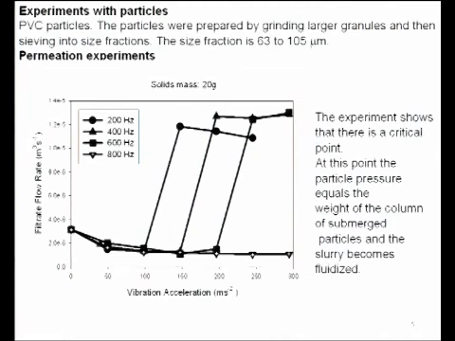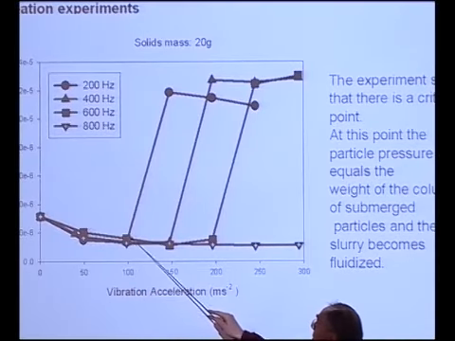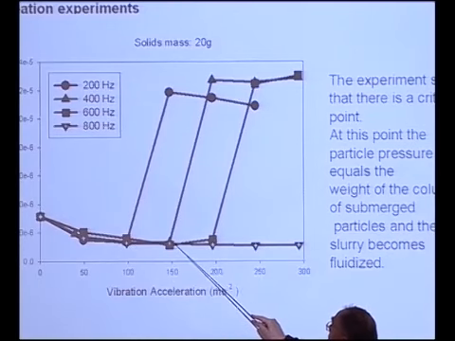Now, I want to show you a result of the experiment. There you can see the kind of particles we had, a fairly monodisperse medium. We can agitate at various frequencies, and that's indicated by the symbols on the graphs. And here I plot the flow through the filter as a function of the amplitude of agitation.